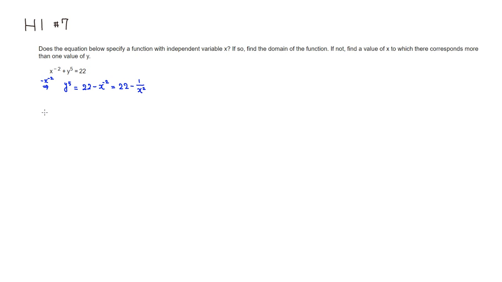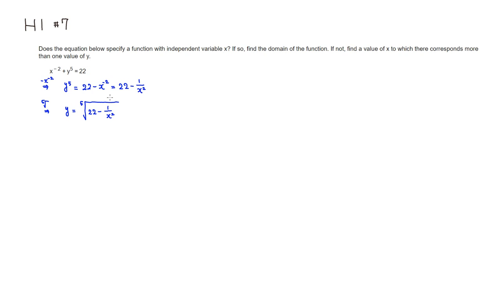So it's 1 over x squared. Then after that, I have to get rid of the 5th power, so I'm going to take the 5th root of both sides. So you have y is equal to the 5th root of the right-hand side, which is 22 minus 1 over x squared.